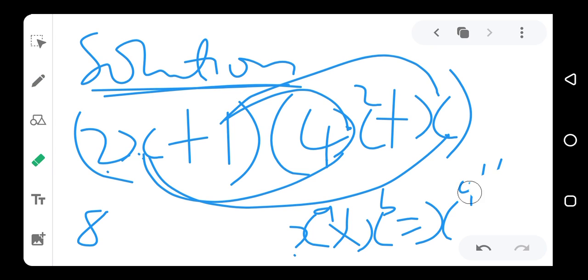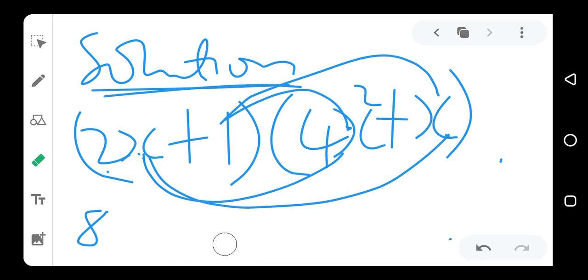So this becomes 8x raised to the power, the x here, anything on its own is to power 1. So this x is x raised to power 1, and this x is x raised to power 2. That means 1 plus 2, which is 3. Now plus 2x times x.